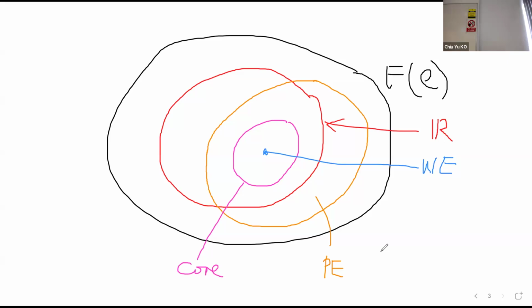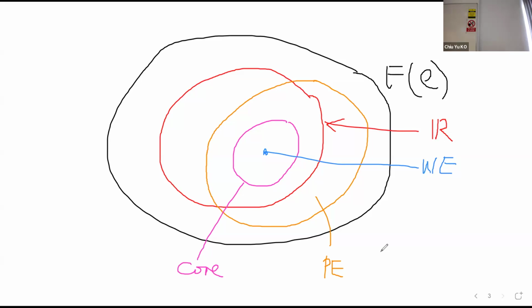Can we do it the other way around? Is any core allocation achievable by Walrasian equilibrium, or some manipulation of that? That's something we care about. And it turns out that this is not possible. But there's a very famous theorem that turns out to be very interesting.